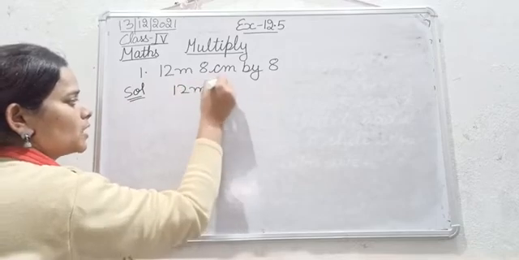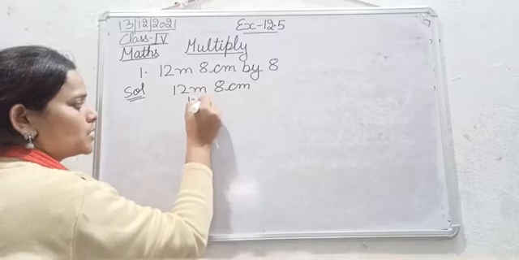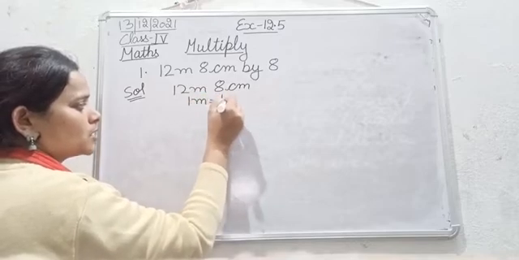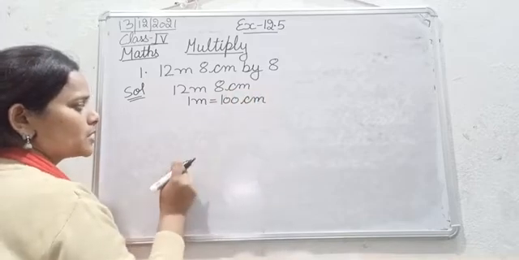12 meter 8 centimeter. 1 meter is equal to 100 centimeter.